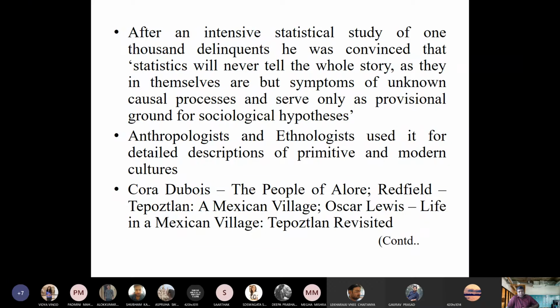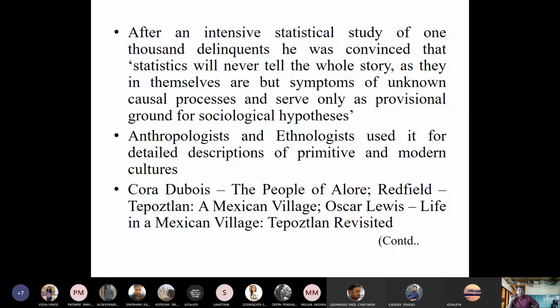All these people, Cora Du Bois, Robert Redfield, Oscar Lewis, used this case study method for doing extensive research on different villages throughout the globe. They mostly tried, by using this method, to collect holistic information of a society or of a village.